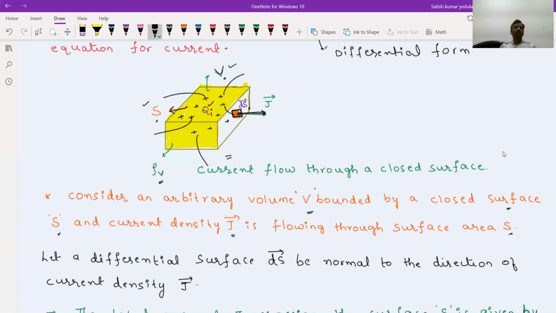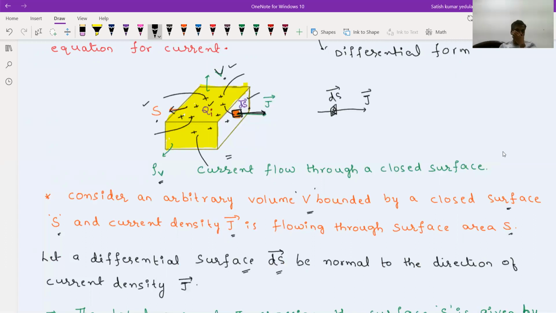Let an incremental or differential surface ds vector be normal to the direction of current density. If you take the differential surface like this, as the current is entering and coming out, whatever is the current direction is also the direction of current density, and that direction is always normal to this differential surface.